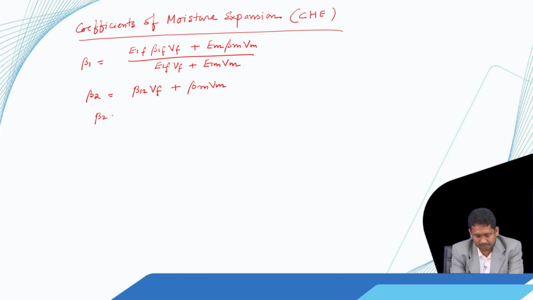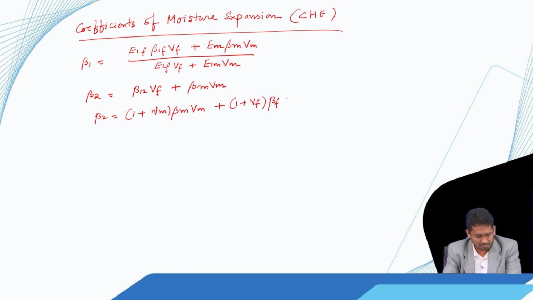Otherwise, we get beta 2 is equal to 1 plus nu m multiplied by beta m into Vm plus 1 plus nu f multiplied by beta f into Vf minus beta 1 into nu 12, and again this relation assumes isotropic constituents and it was given by Scarpi.